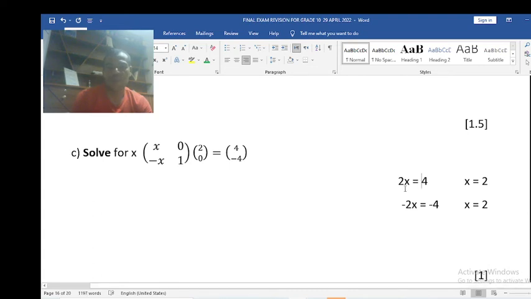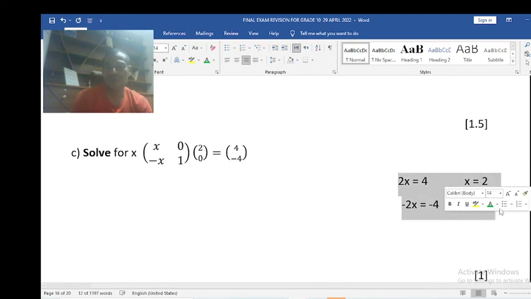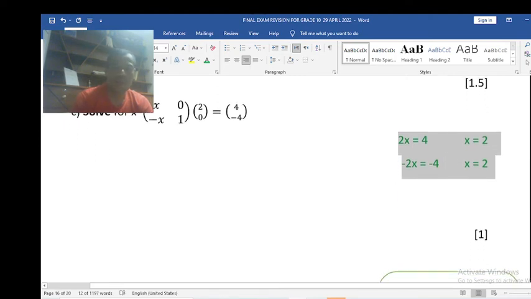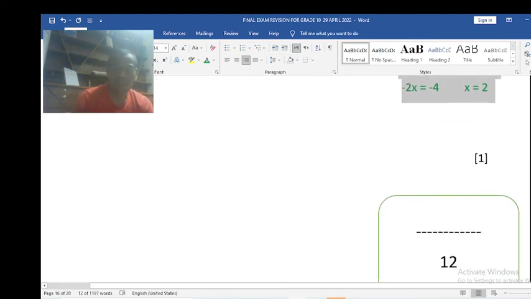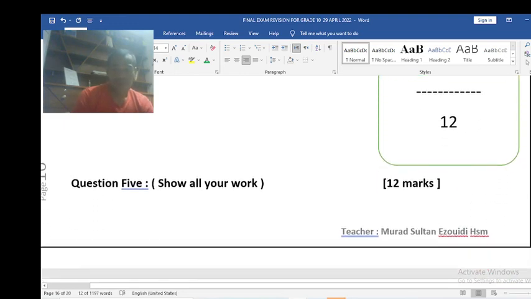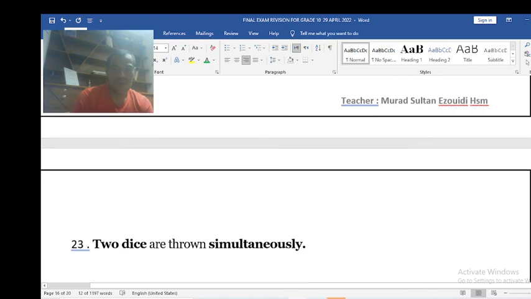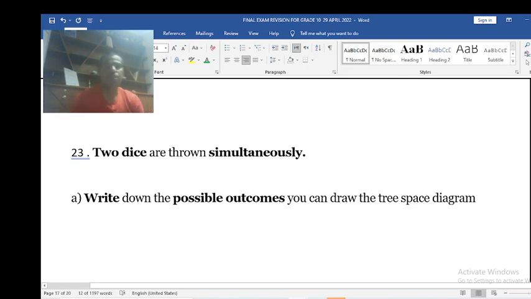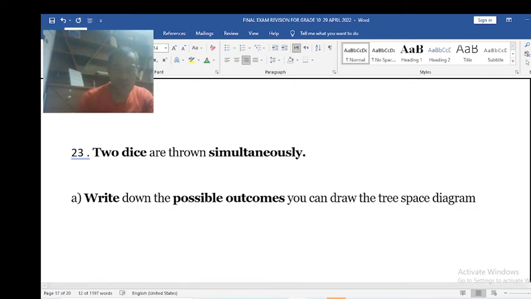Okay, the next one. Now we move to the next part. Question 5: two dice are thrown simultaneously. Write down the possible outcomes.